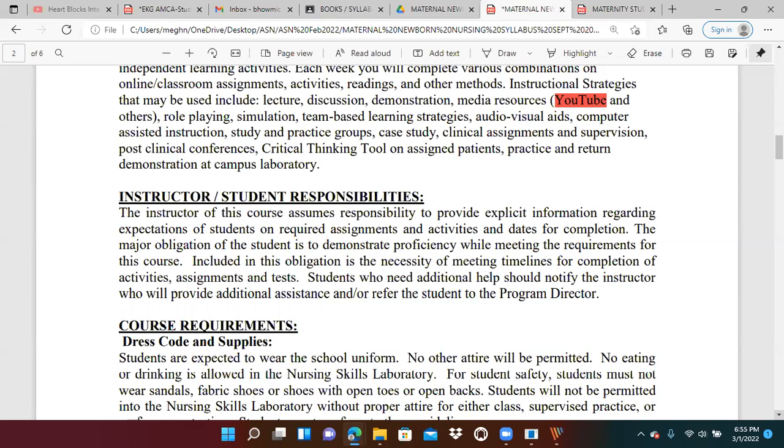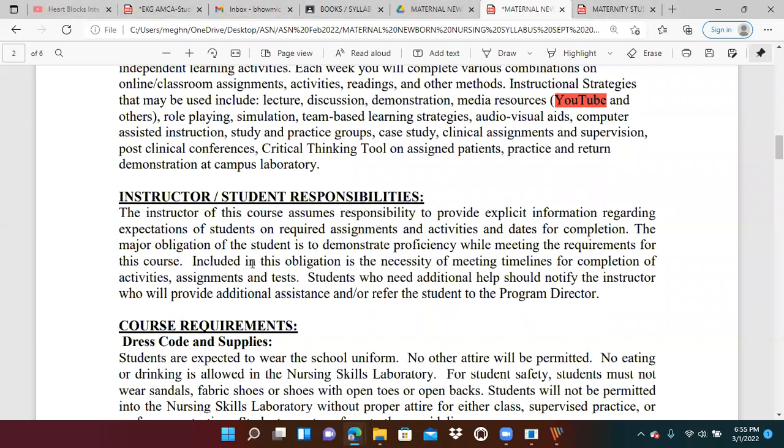When you watch the videos, you have to make notes based on those videos. So my students watch, they learn, and they make a note. You email me your note, and I will check it. Right?